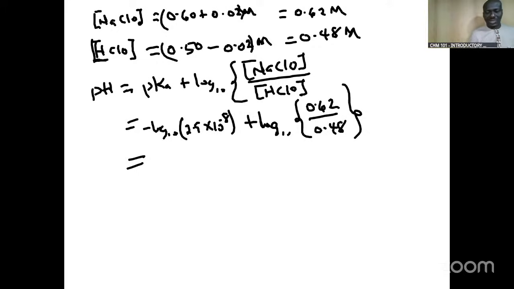Let's quickly do that before we take our last code. Let's do that together now. So we're going to have 2.9 exponential minus 8, okay.